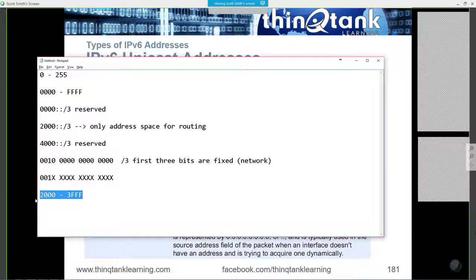If these bits can be anything, if this bit is a 0, the value of the first hexadecimal number is a 2. If this bit is a 1, the value of the first hexadecimal number is a 3.